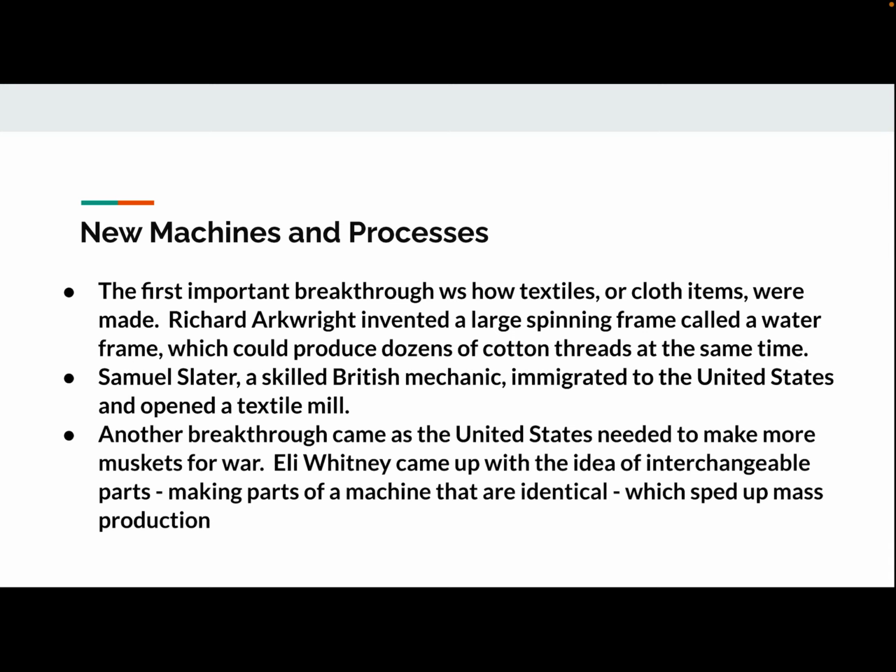Another one was when the United States needed to make more muskets. Muskets are a type of gun. Eli Whitney came up with the idea of interchangeable parts, making parts of a machine that are identical. Just making a part that is the same over and over again sped up mass production.